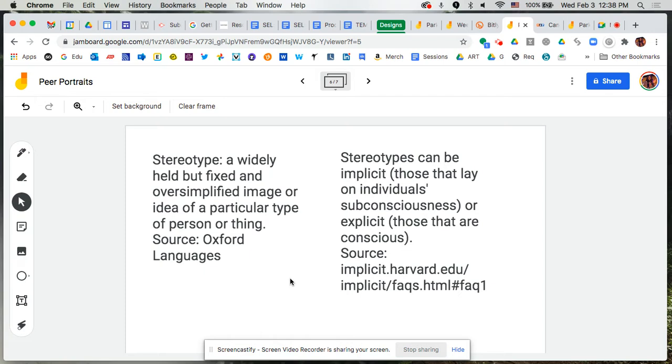So we're basically putting people into buckets. And again, the challenge and the problem here is that these stereotypes lead to bias. It could certainly be implicit or explicit, but a lot of times stereotypes do come from our subconscious. And so we are not even aware that we're actually doing it.